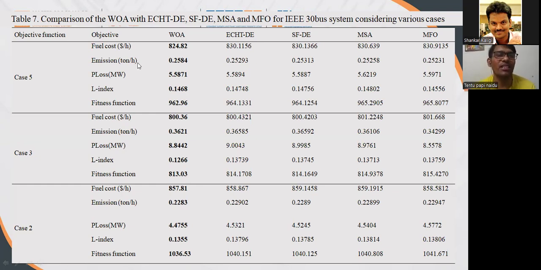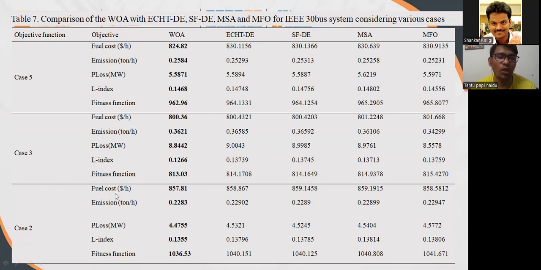Similarly, emission in tons per hour is 0.2584, which is very low by comparison. Power loss with Whale optimization is less compared to the different algorithms, and the L index is also very low. Similarly for case 3, fuel cost, emission, power losses, L index, and fitness function, Whale optimization gives very low values.